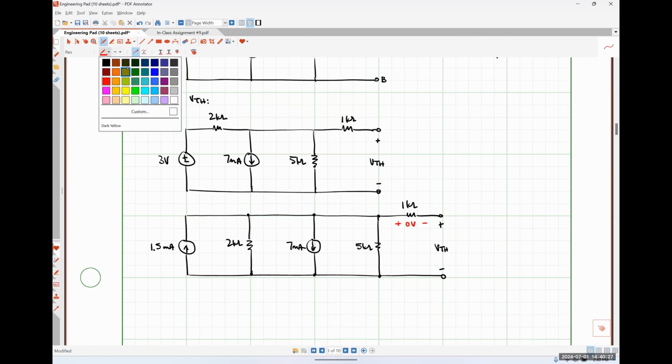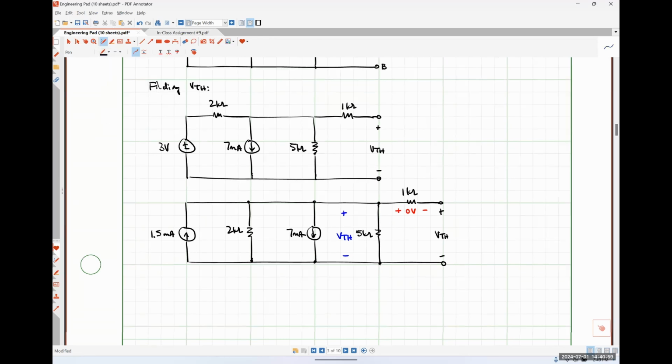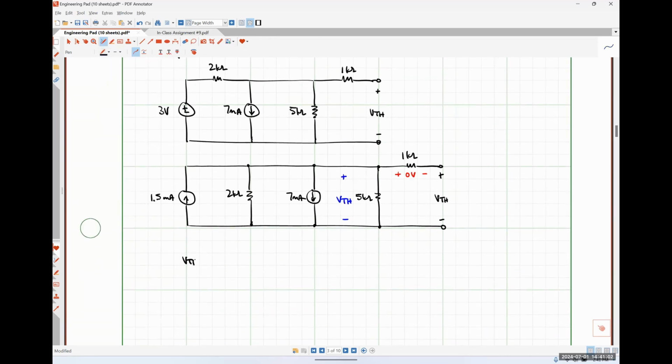That means that the Thevenin voltage is actually just the voltage drop across all of these things in parallel. Your suggestion of combining our current sources together, I'm 100% on board with, but past that point you're just doing extra work because we can just use Ohm's law. So our Thevenin voltage would be 1.5 milliamps minus 7 milliamps.